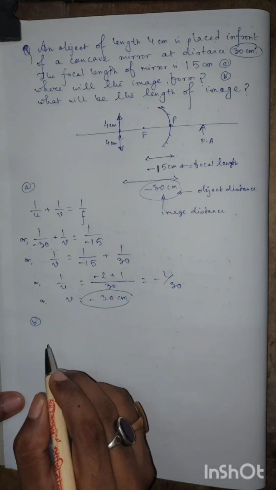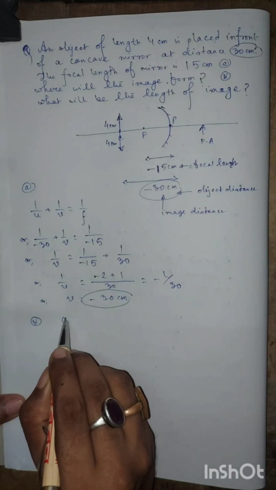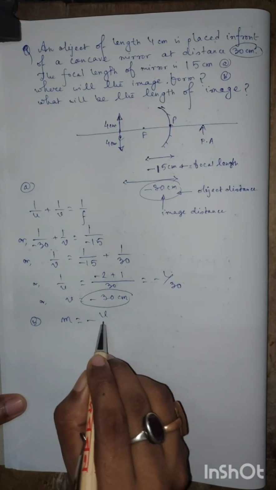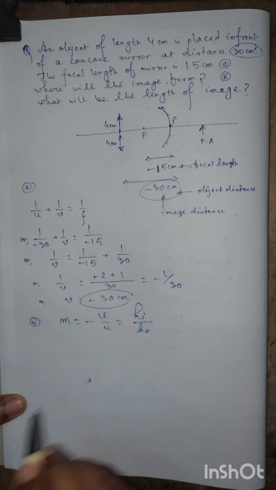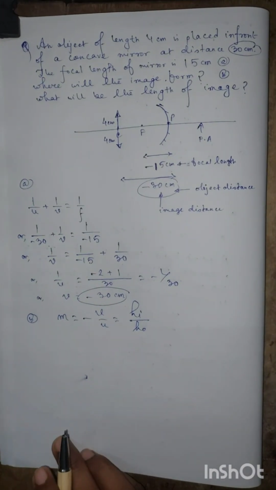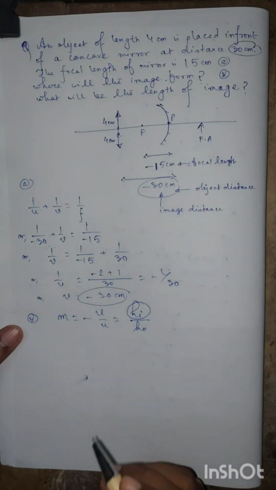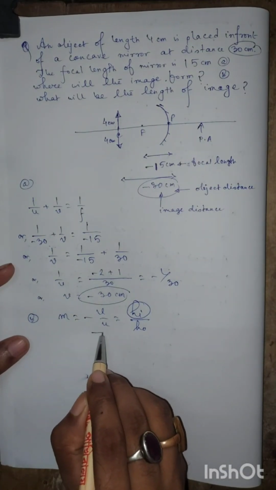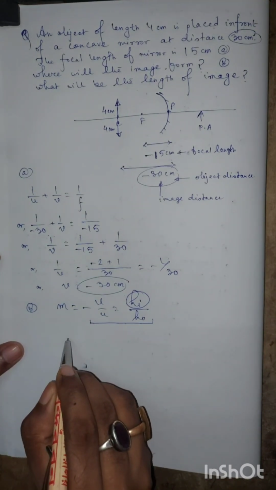we can use the formula of linear magnification, which says m equal to minus v by u equal to height of the image by height of the object. So here we need to find out hi from this relation.